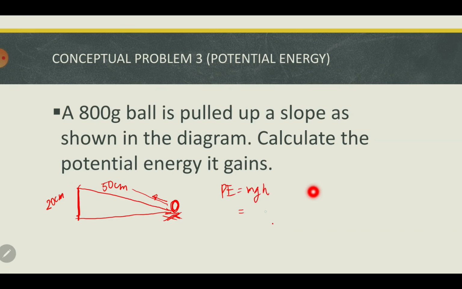We have a mass of 800 grams, which is 0.8 kilogram, multiplied by 9.81, multiplied by its height, 0.2 meters. So 0.8 multiplied by 9.81 multiplied by 0.2 has a value equal to 1.5696 joule.